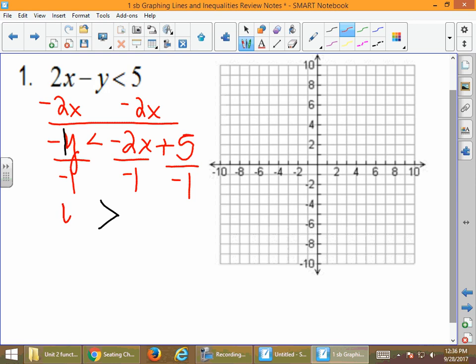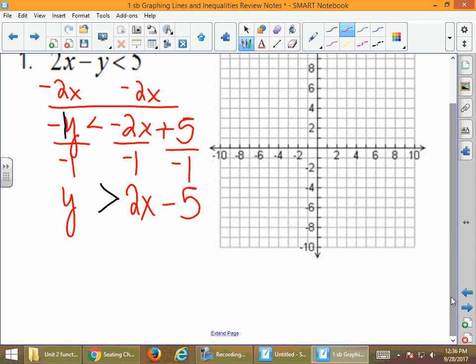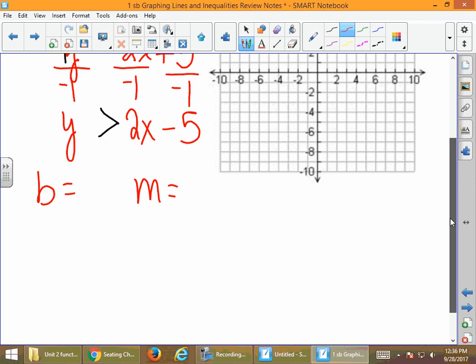And we're left with y is greater than negative 2x divided by negative 1, which is positive 2x. Positive 5 divided by negative 1 is negative 5. And we can identify now our y-intercept, which is abbreviated b, and our slope, which is abbreviated m. Well, our y-intercept is negative 5.